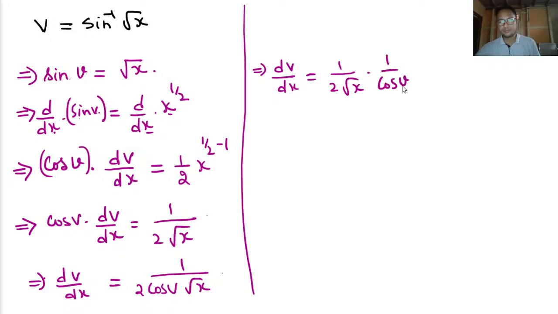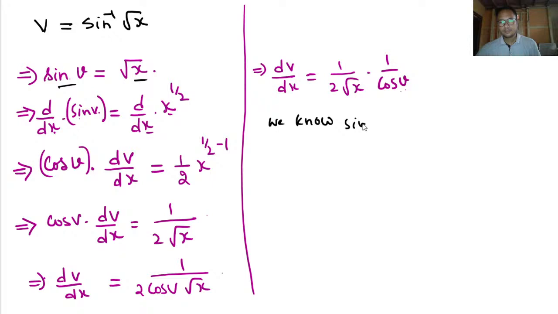Now we want the values in terms of x, but we have v. Let's say sine v is root x. What is the relation between sine and cos?